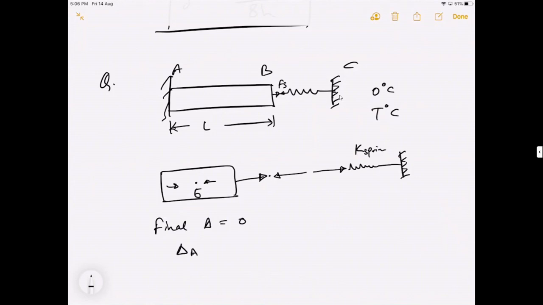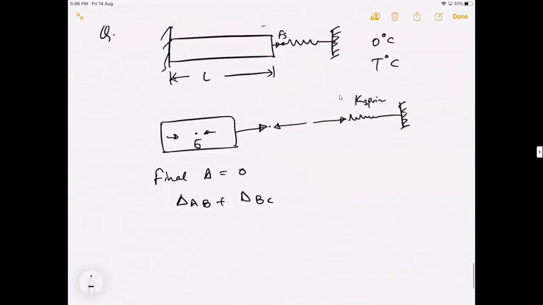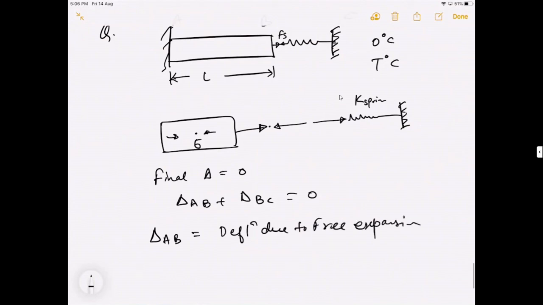Now delta will comprise of delta AB plus delta BC, which is equal to 0. To calculate delta AB, I have to calculate deflection due to free expansion plus deflection due to restraint.